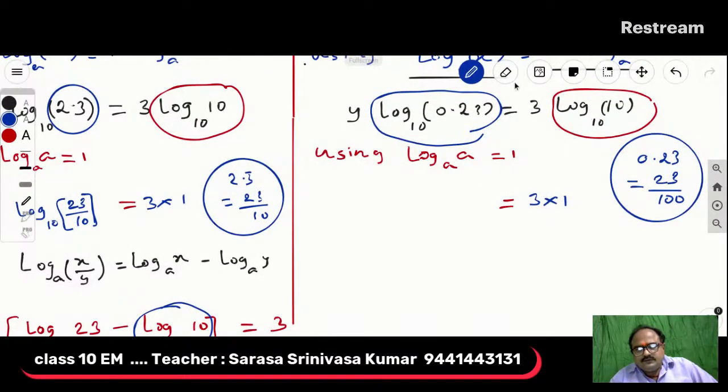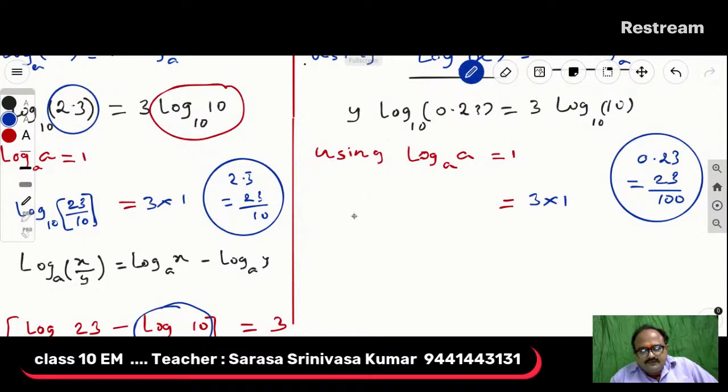Now, on the left hand side, we write y multiplied by log 23 by 100 to the base 10.